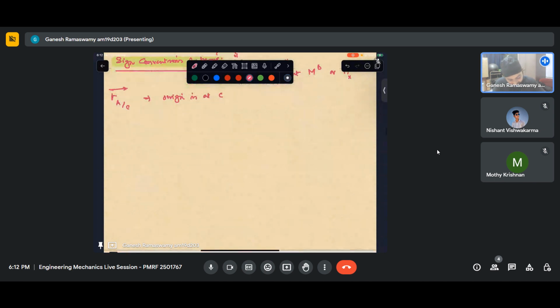Similarly, if we look at truss members, let us say this is supported by a pin and a roller, and under the action of some force, let us say that I have marked the internal forces like that.